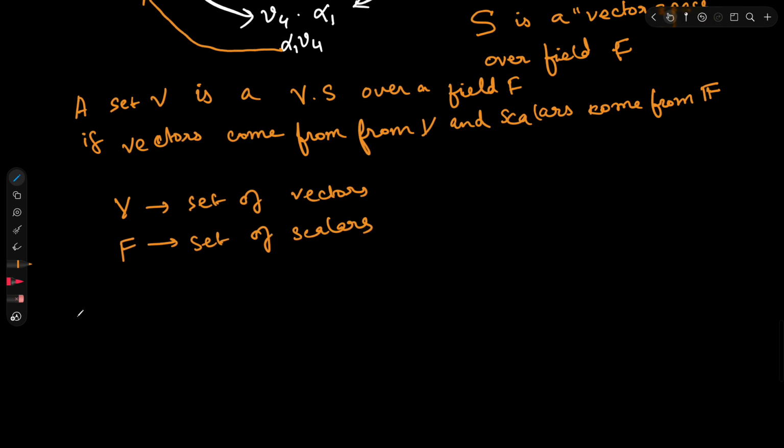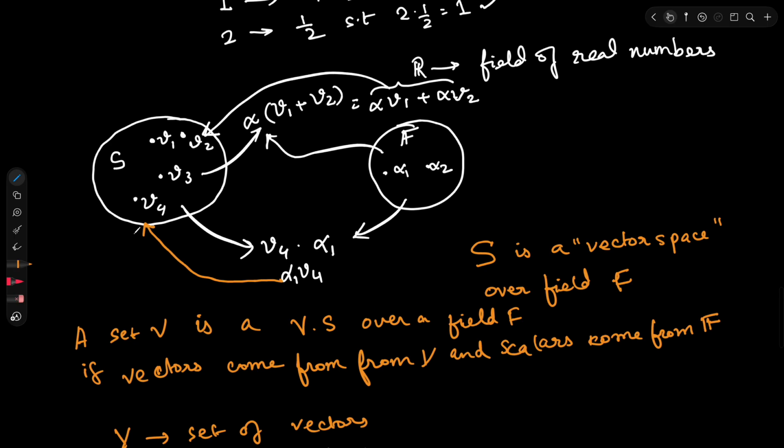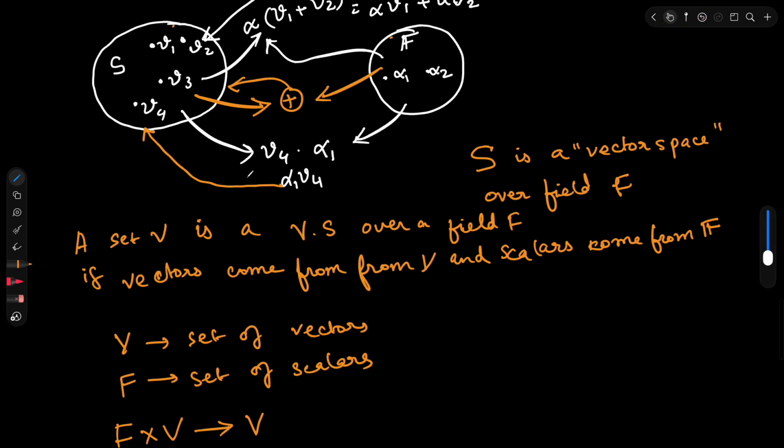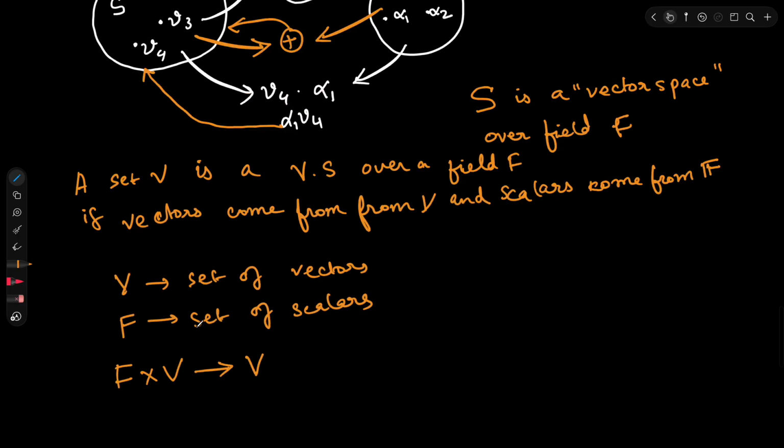And then there is a scalar multiplication, that is F cross V, and the mapping is always to V. What we did here is that any operation between an element of the field F and this set will belong to this set. Then this set, here written as V, can be called a vector space over the field F.